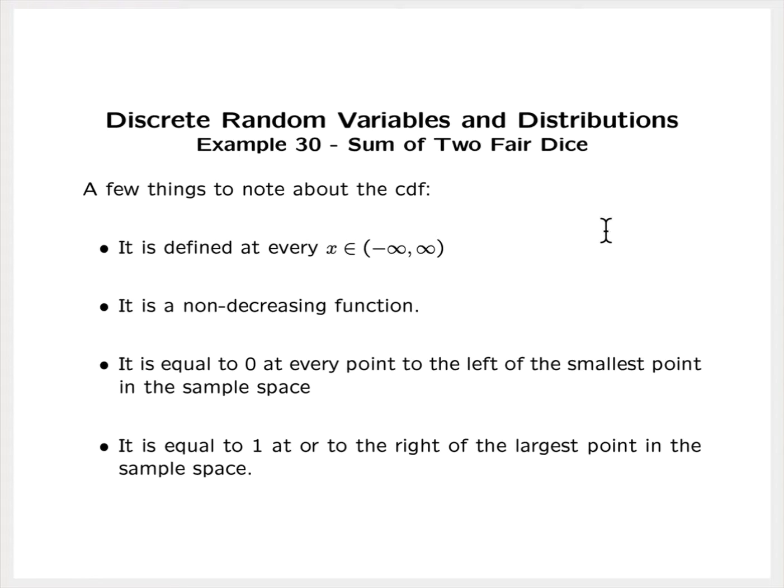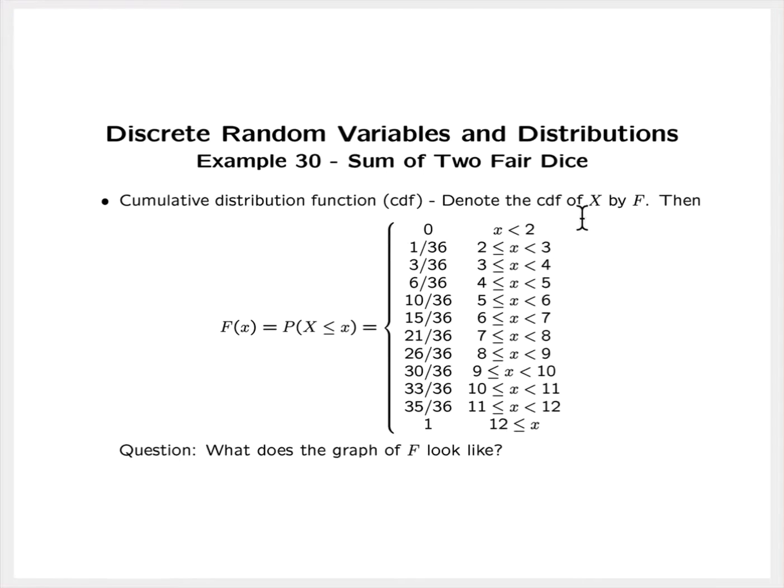So again, it's defined at every x on the real line. If you look at the values over which we are specifying the CDF, there are no gaps. Regardless of whatever real number we could potentially plug in here, there's going to be a row in this representation corresponding to that particular value.